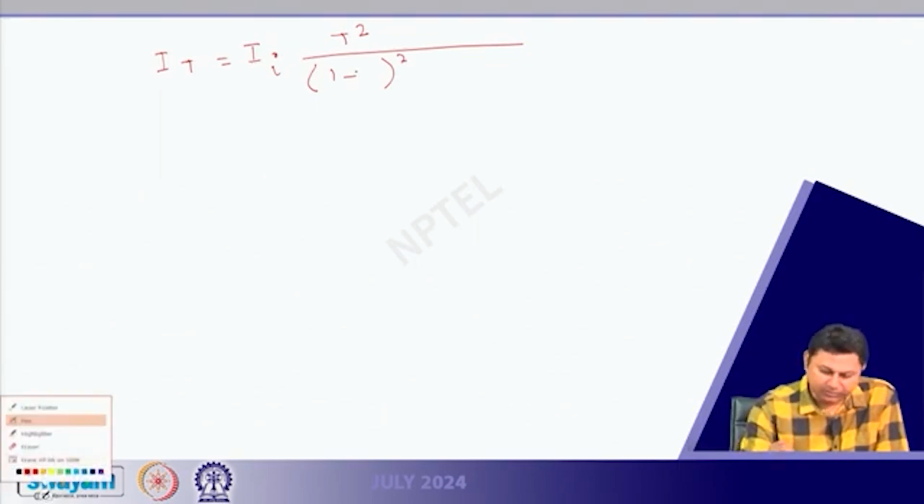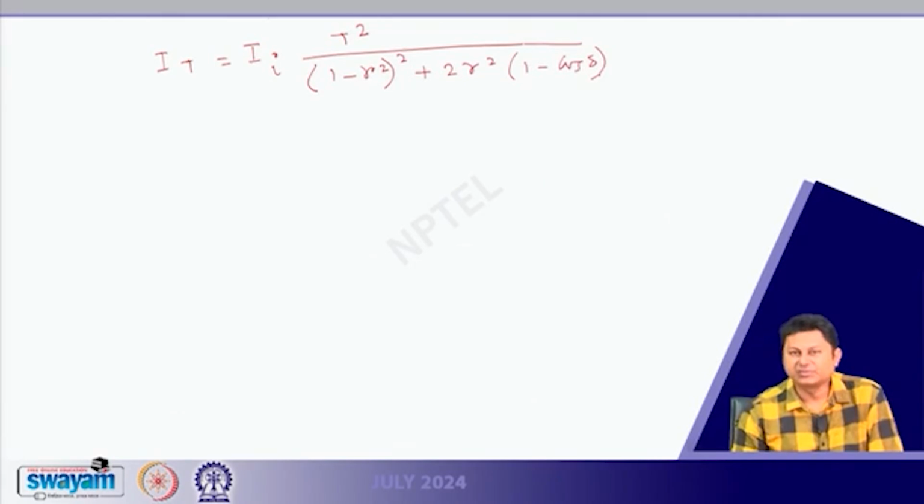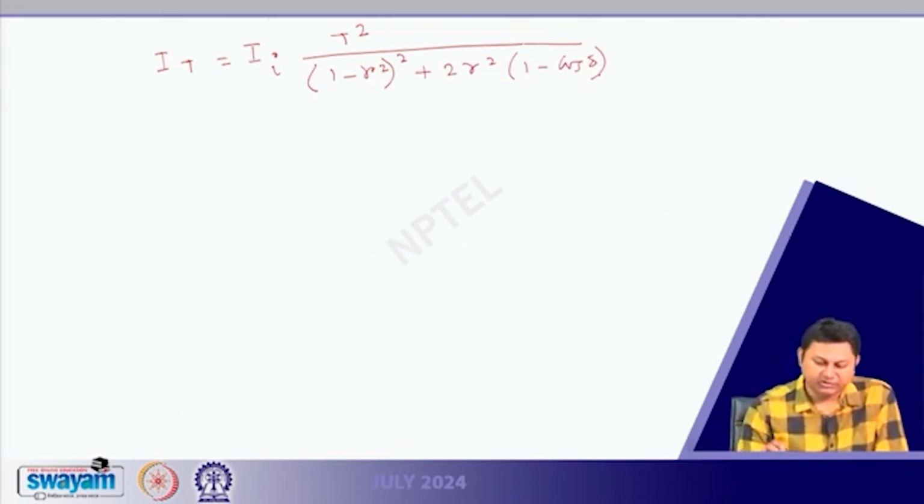Yeah, so that was 1 plus R square minus 2R cos delta. That was the original expression, and I write the original expression in terms of big R and big T. There is a small r and small t. Exploiting the Stokes relation, I am trying to write it in big R and big T.